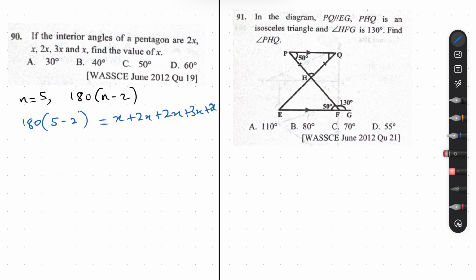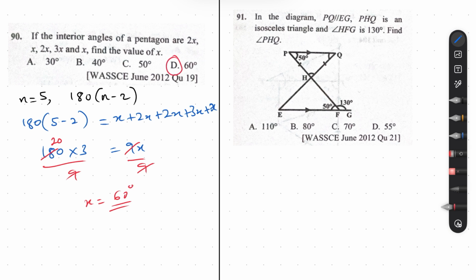So we have 9x equals 180 times 3. Let's divide both sides by 9. The 9 cancels out here. How many times? 20 times. So our x is what? 20 times 3 is 60. So 60 is our answer, which is D.